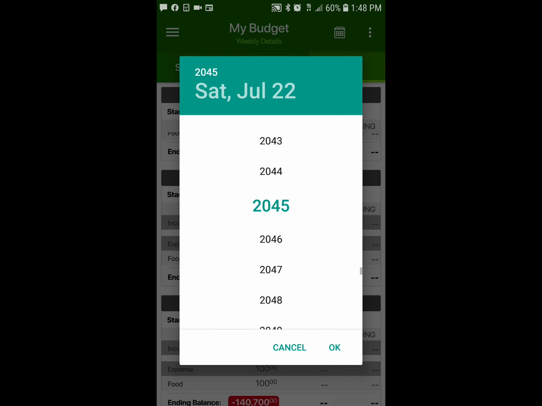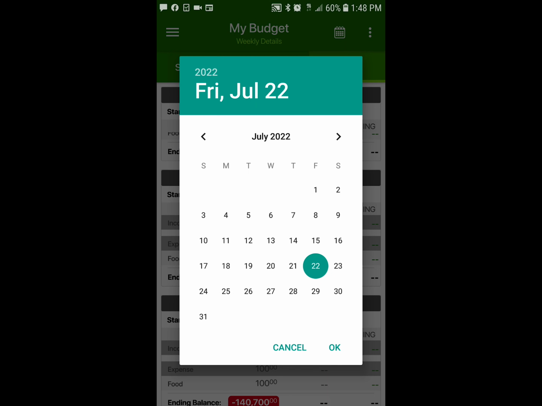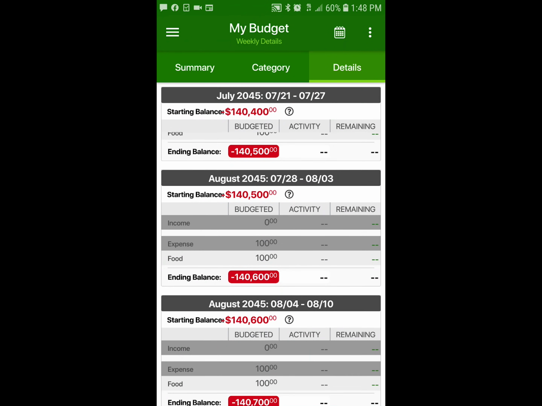So now let's select it. And we're going to go back, because remember the car payment was only a couple of years long. So we're going to go back to 2022 and select OK. And we're going to try and find the car payment, and we're going to see that it ends. Now remember, it was due on the 8th.